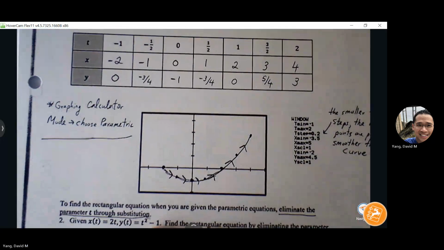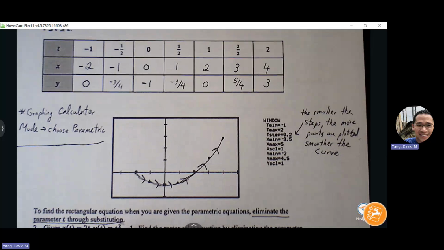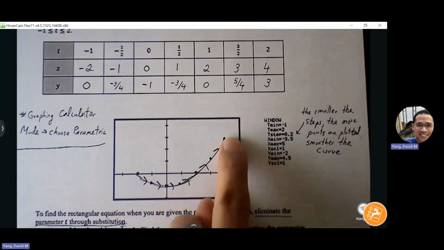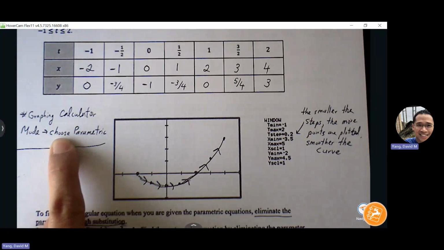Okay, so in your graphing calculator, we're going to put this parametric equation in and see the graph form. So go to mode and choose parametric or PAR.